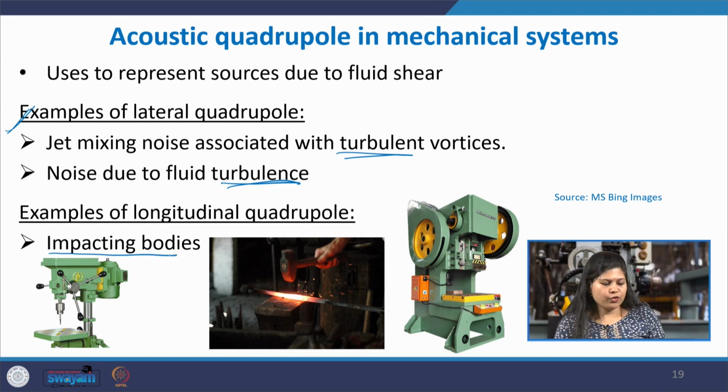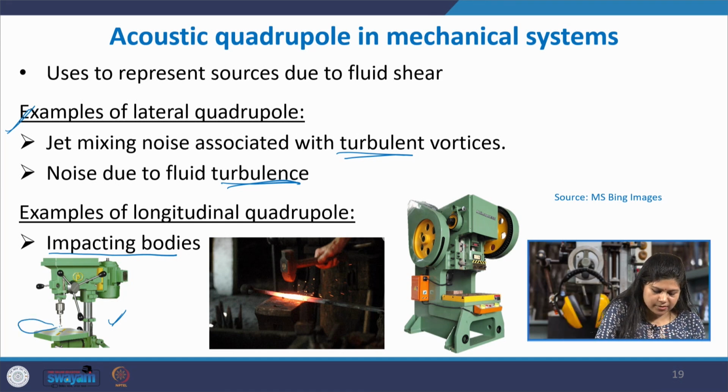For example, you have various kinds of sheet metal cutting machines, various kinds of industrial presses, stamping machines, coining machines, where the impact of the bodies creates a longitudinal quadrupole like this, and the sound field radiates.